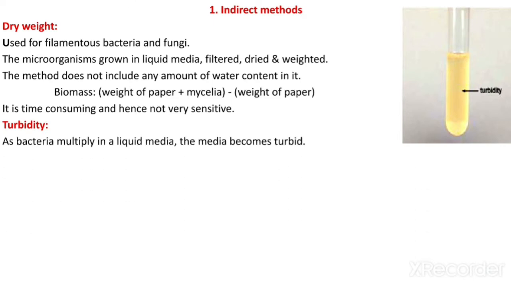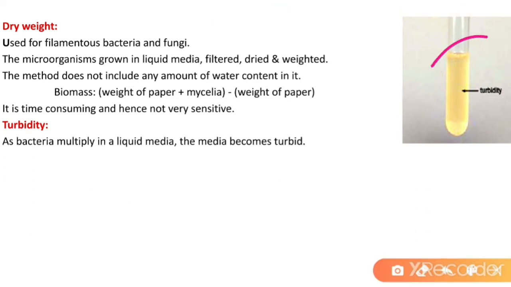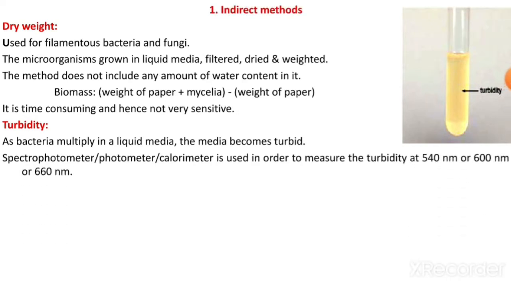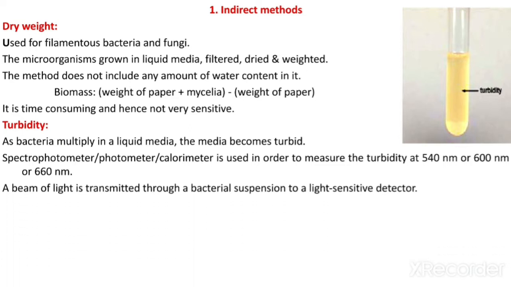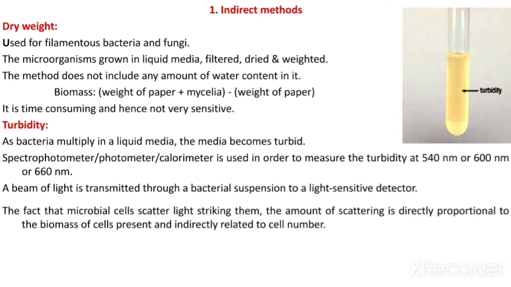The second method is turbidity. As bacteria multiply in a liquid medium, the medium becomes turbid. Now here we can see the figure. A spectrophotometer, photometer, or colorimeter is used to measure the turbidity at 540 nanometer, 600 nanometer, or 660 nanometer. A beam of light is transmitted through a bacterial suspension to a light sensitive detector.